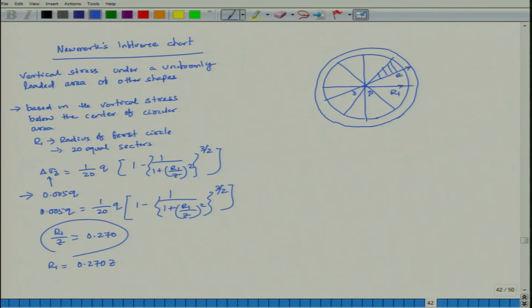Similarly, consider another circle R2. So, this will be R2 from here to here. Then what will happen?